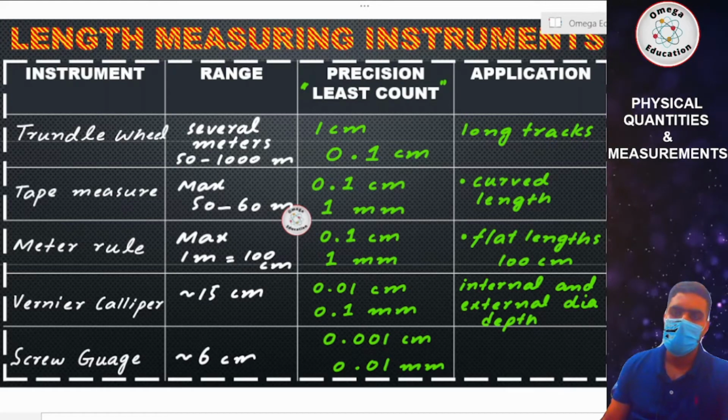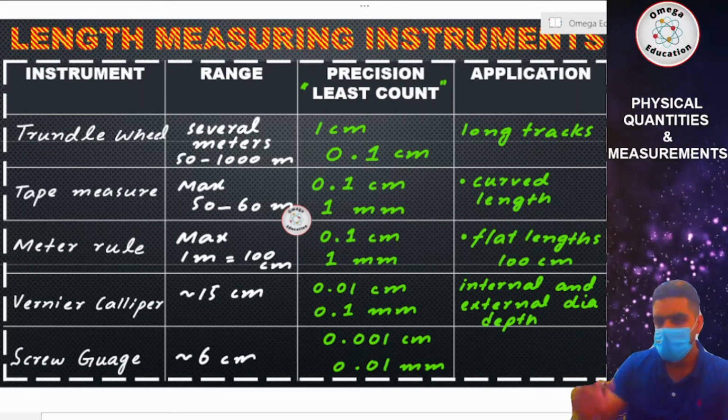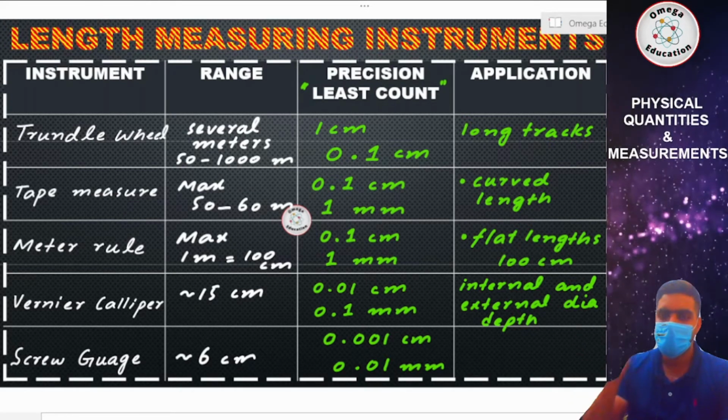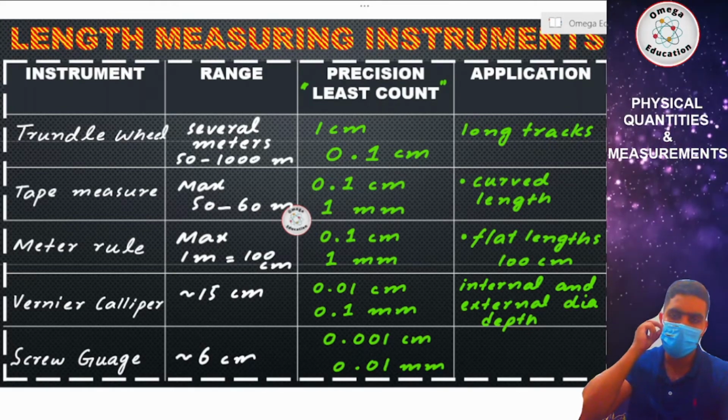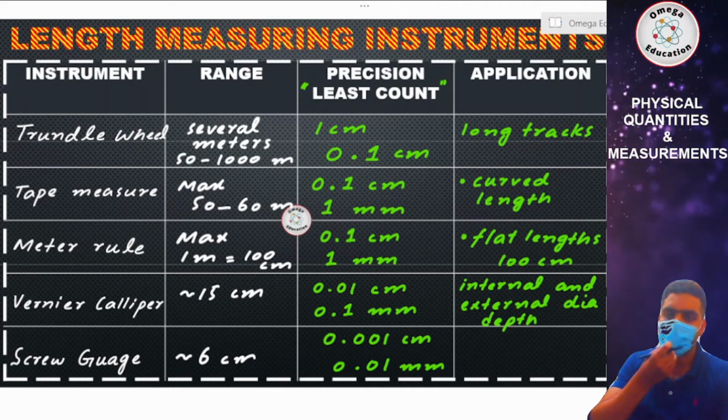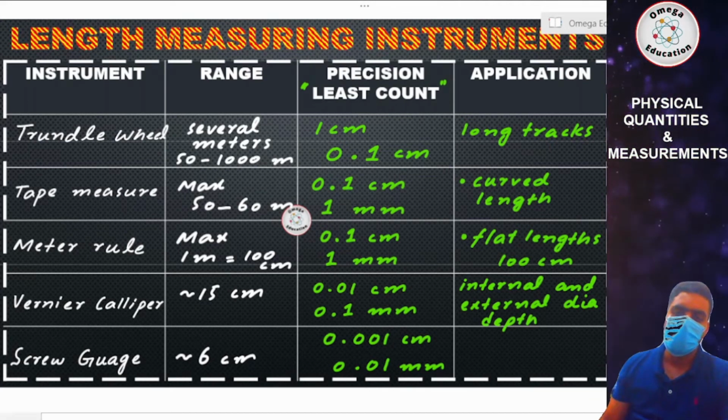It has a kind of a needle that sticks out from the backside. We dip it in the water or any liquid whose depth needs to be measured, and the reading of the depth would be displayed on the scale.